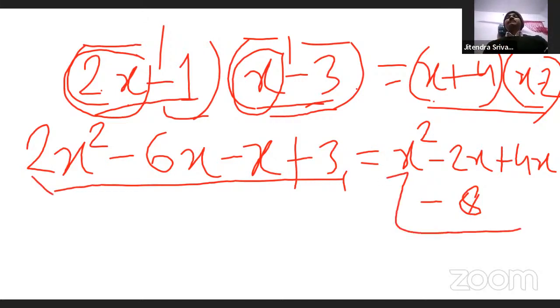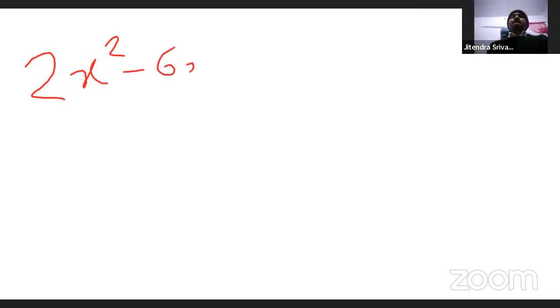Now we will solve this equation and try to reduce it. 2x square minus 6x minus x plus 3. So first of all, we will do this.